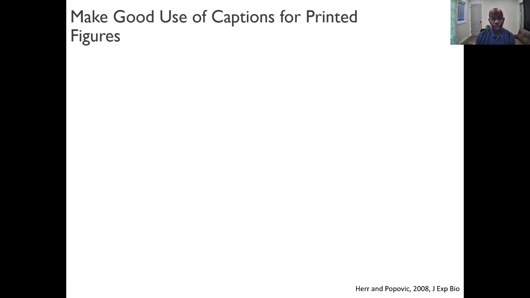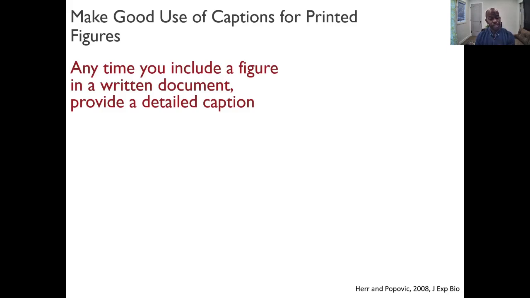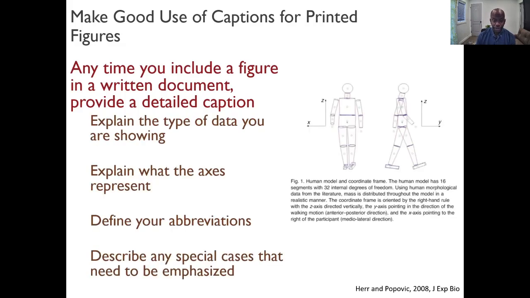Now, when we create figures for publication, we want to really think about the information we include in the caption that helps the reader understand the figure. I remember as a grad student, I used to get really frustrated when I would read papers and see these really long captions, and it didn't really make sense to me. But over time, I really started to appreciate that if the caption is detailed and explains everything about the figure, you can essentially read through the paper just by looking at the figures, right?